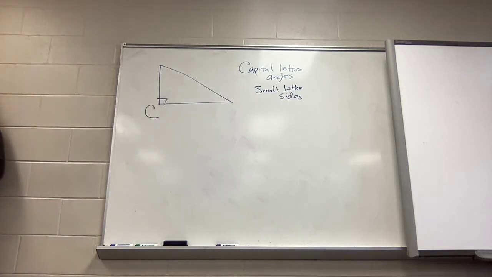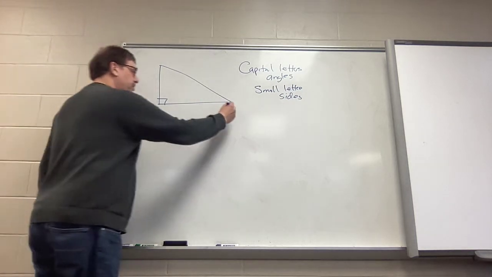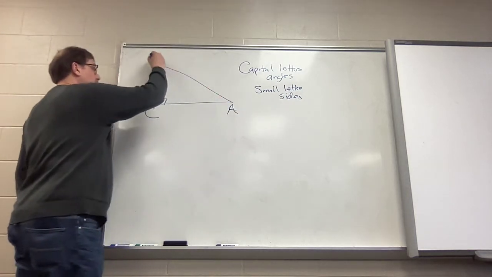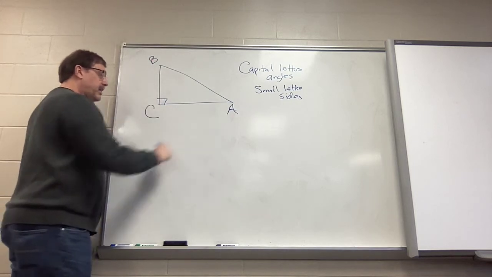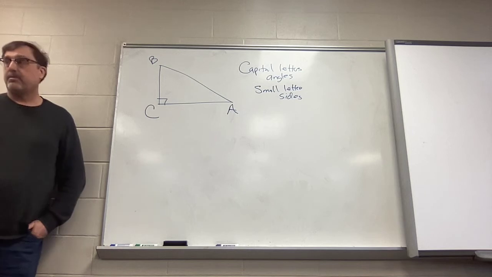I can't think of a time where angle C is going to be one of the other ones. Angle C will be the 90. Usually A and B are interchangeable. So here is angle C, it's 90. Angle A, angle B could be interchangeable.